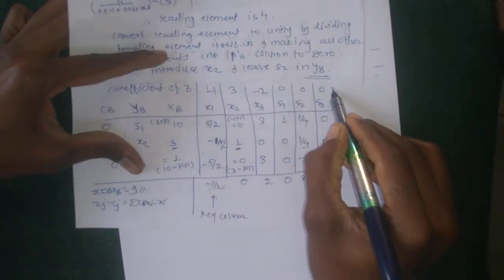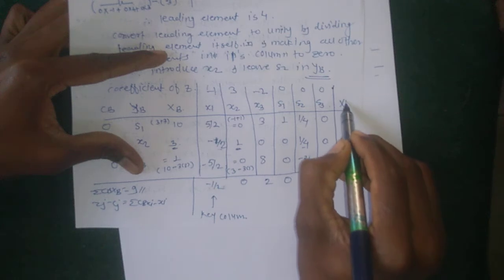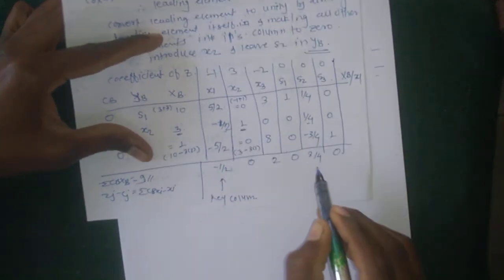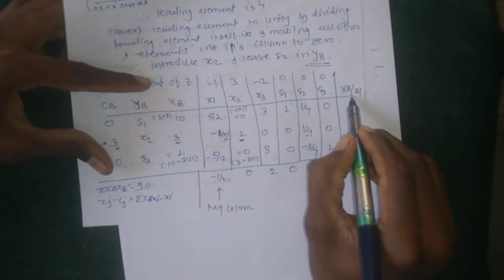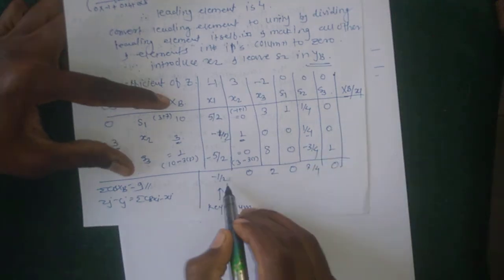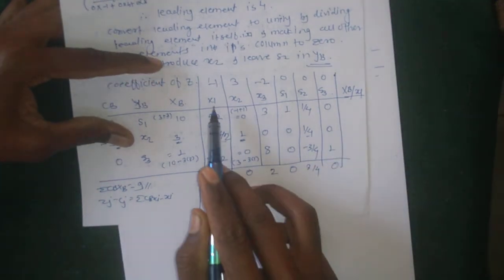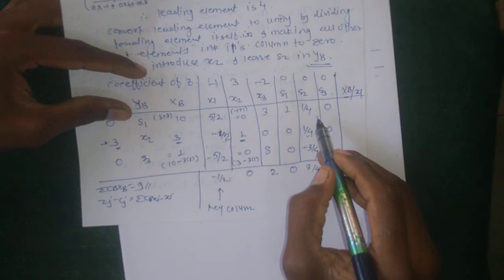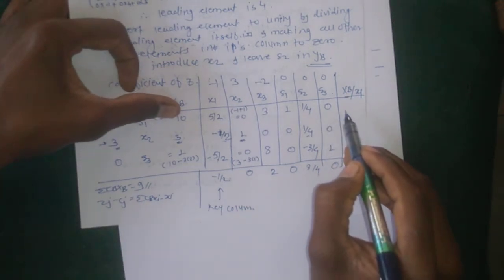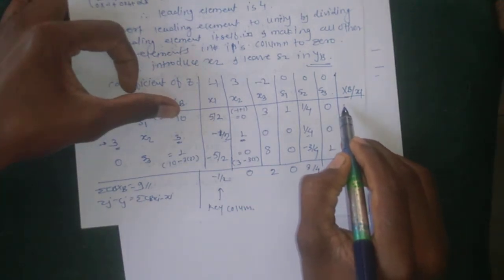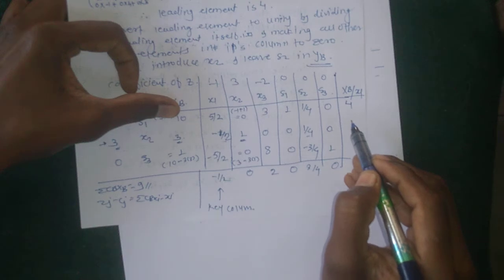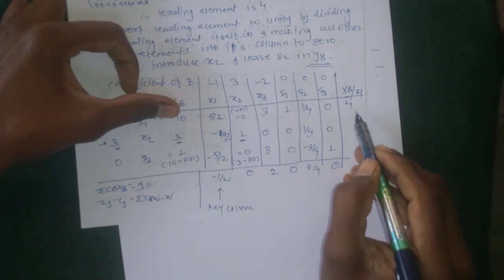So now we have to find the ratios. How to find them? XB divided by the key column, that is XB divided by x1. XB is 10, so 10 divided by 5 by 2, we get 4.